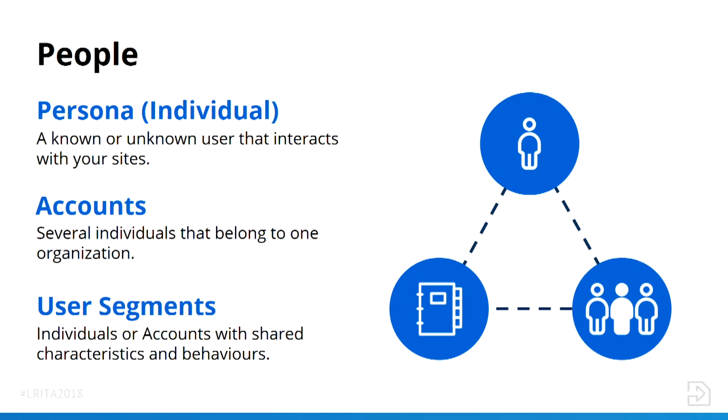Maybe they have a common behavior, or maybe they have a common characteristic. Then I can create a segment and analyze that kind of segment, that kind of account, and see what's happening at that level. How are they interacting with my pages, but at different levels: individual, then accounts, then user segments.